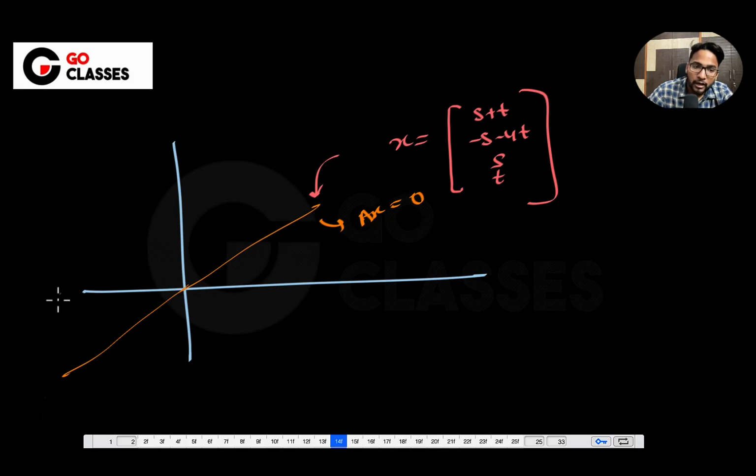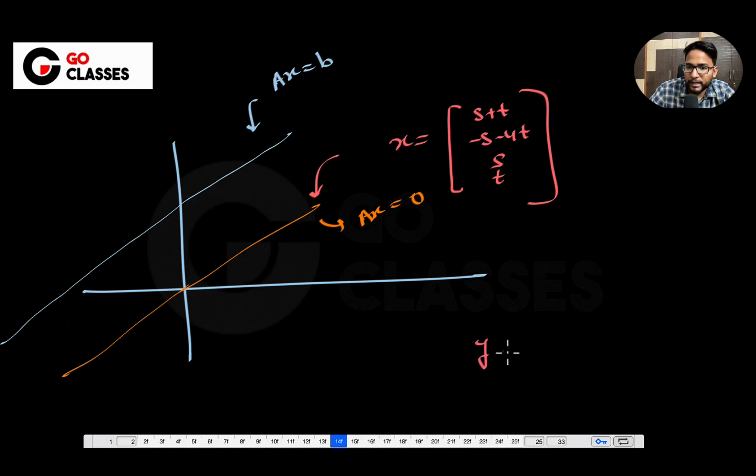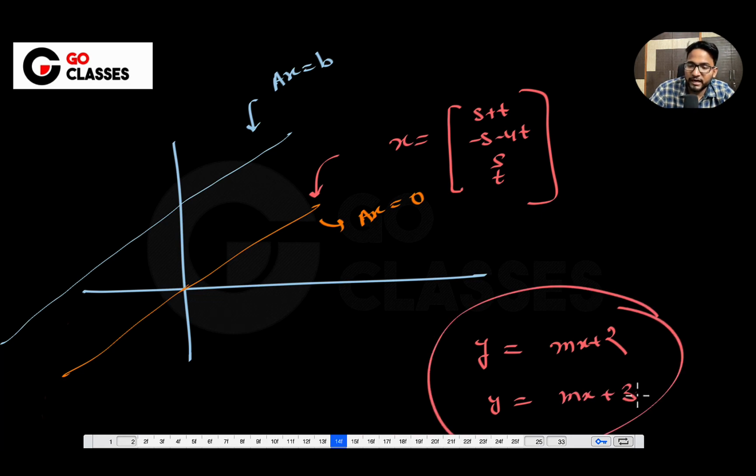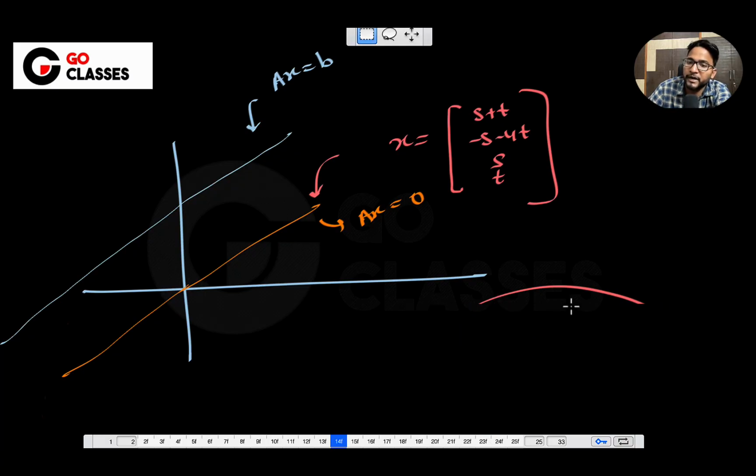Now you have another hyperplane which is ax equal to b. Generally, if you have seen it in your 12th class, y equal to mx plus c is one equation, or maybe y equal to mx plus 2 and y equal to mx plus 3. These two equations don't intersect, so they are parallel. So in higher dimensions also, ax equal to 0 and ax equal to b are parallel hyperplanes.